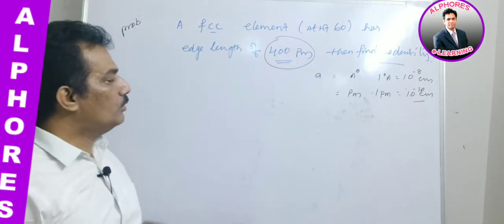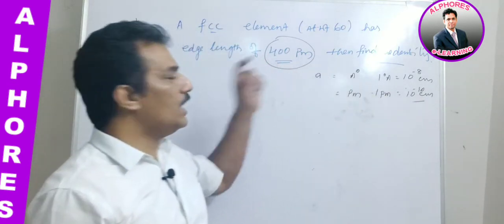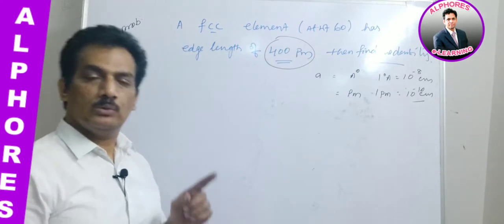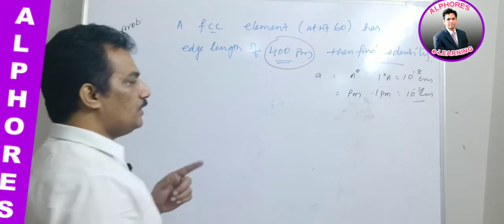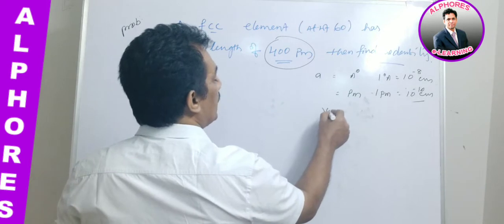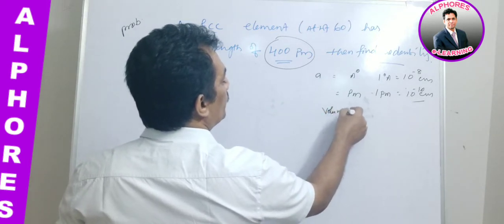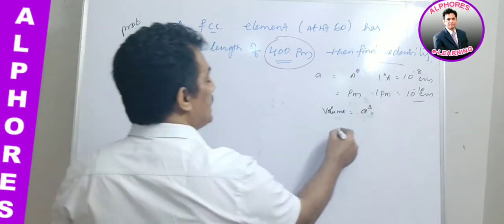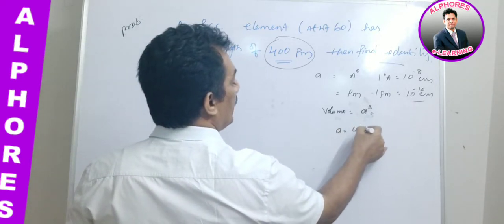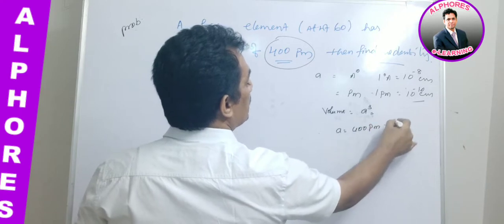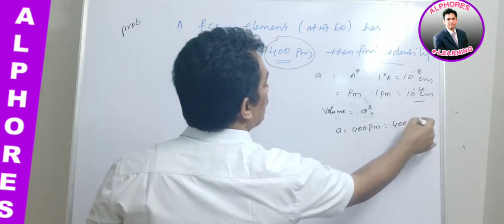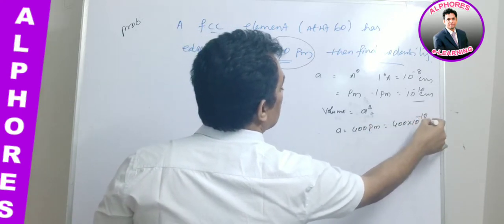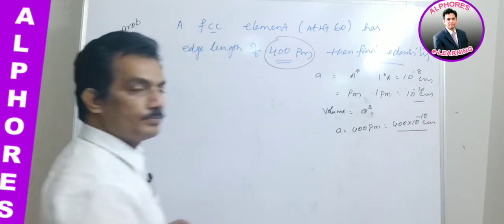So with this relation, first we have to convert picometers into centimeters. As we know, the volume of the unit cell is A cube, and A is 400 picometers, that is 400 into 10 to the power of minus 10 centimeters.